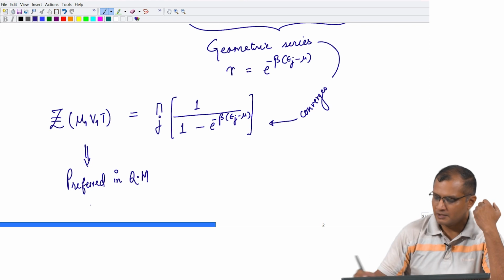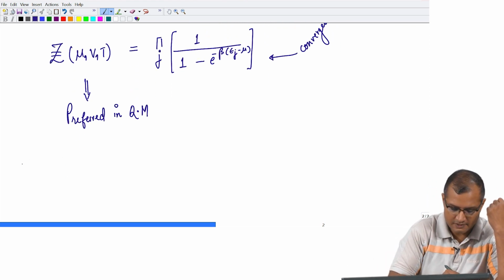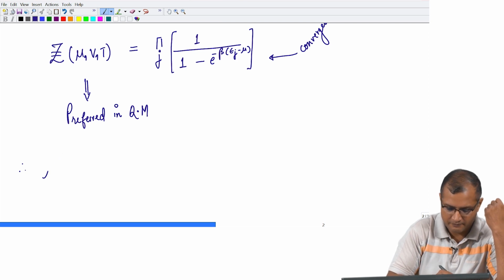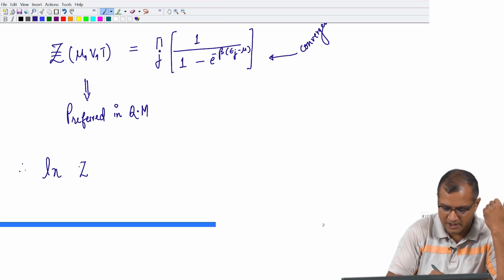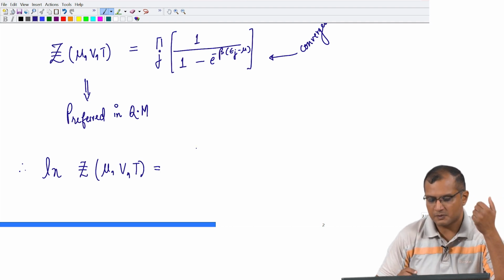Okay. So, then let us take a logarithm on both sides, which we will be using in the correspondence between quantum and classical statistical mechanics. Let us just make a small note of the result.